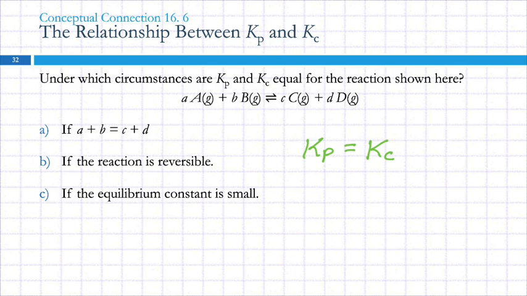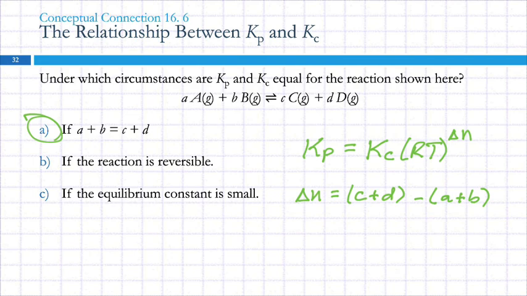Kp equals Kc times the quantity RT to the delta N. Delta N is equal to C plus D minus A plus B. So it's going to be A. Any questions?